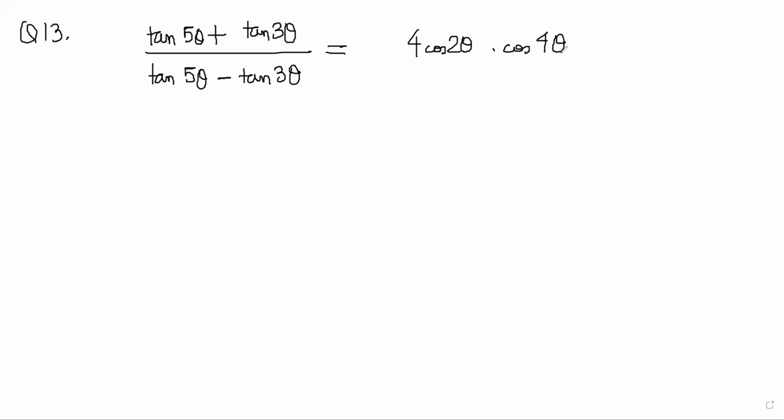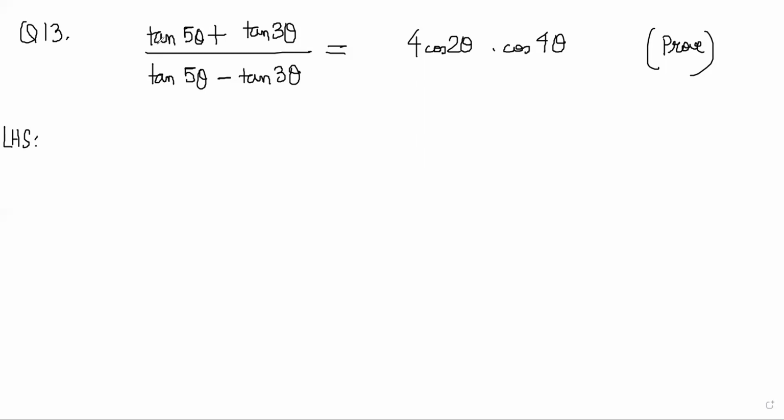Okay, this is the question. You have to prove this. So many times what you can do is whenever you have a tan question, convert to a sine and cos question, right? So this question LHS is in terms of tans. I don't want to work with tans. So I'll convert it into sine and cos, okay?